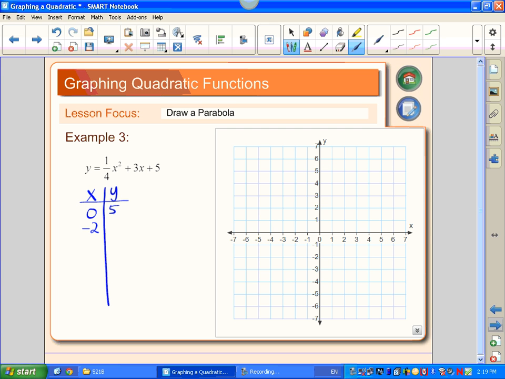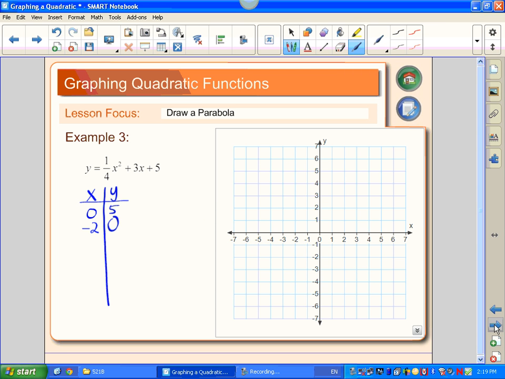So I'm going to pick a negative 2. And remember, what I'm really doing is I am substituting -2 in for these x values. So this is giving me 1 minus 6 plus 5 is giving me a 0. So this is what I'm doing in my head or on scrap paper.